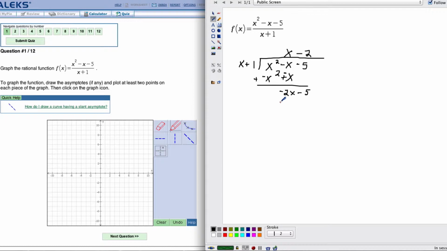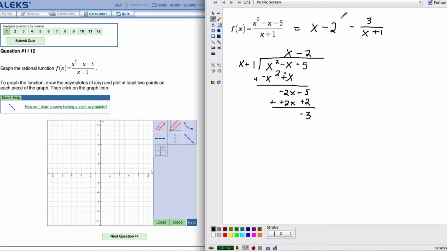So multiply that, and I get -2x minus 2, change the signs and add them together, and this gives me a -3. And so this is the remainder. So basically what we're doing is rewriting this as x minus 2 and then -3 over x plus 1.